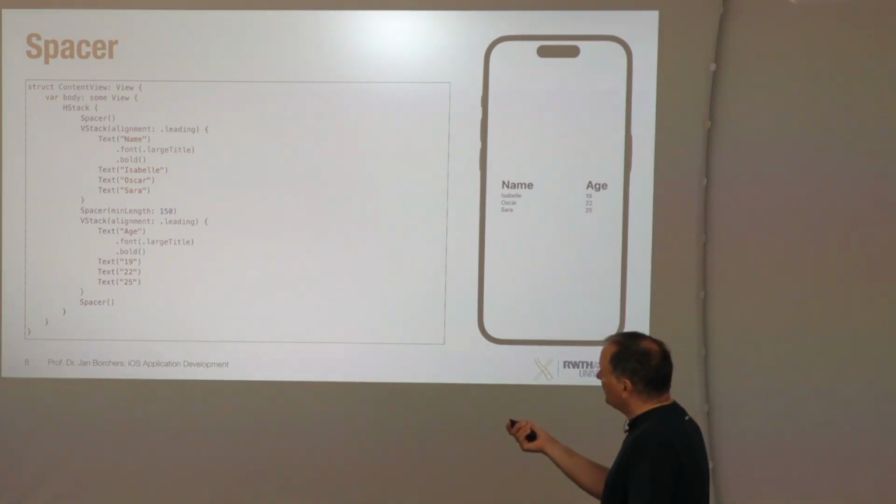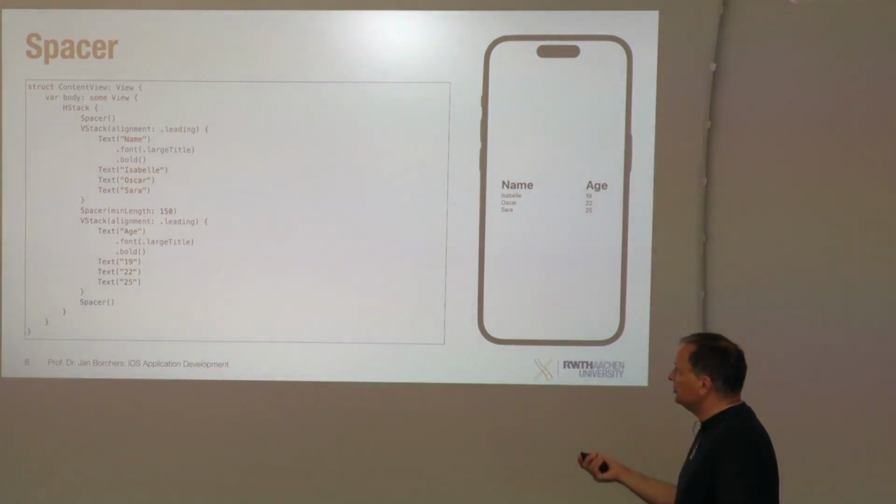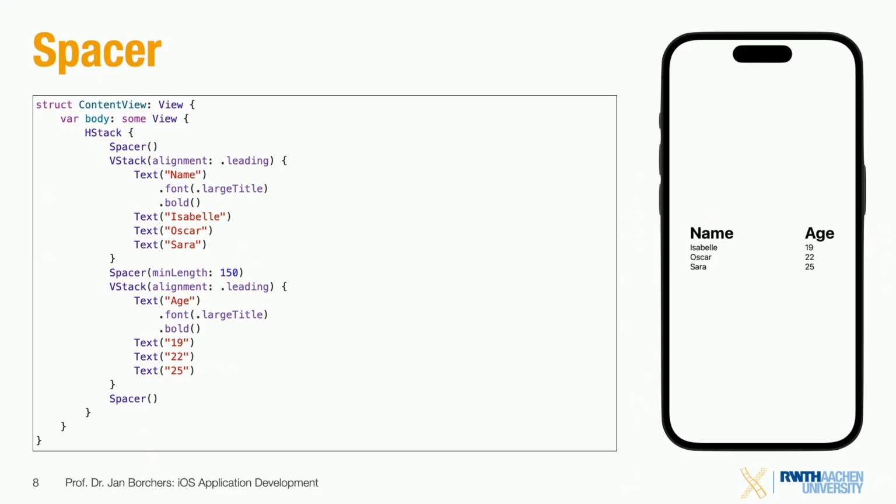So here's an H stack that has a spacer and a V stack, and then it has another spacer and another V stack and another spacer. So this is the stuff we're seeing here being arranged. And you can also see modifiers in use here, like the text is being extended with the font and with bold. This one also. But what's interesting is how these spacers divide up their space. Right?